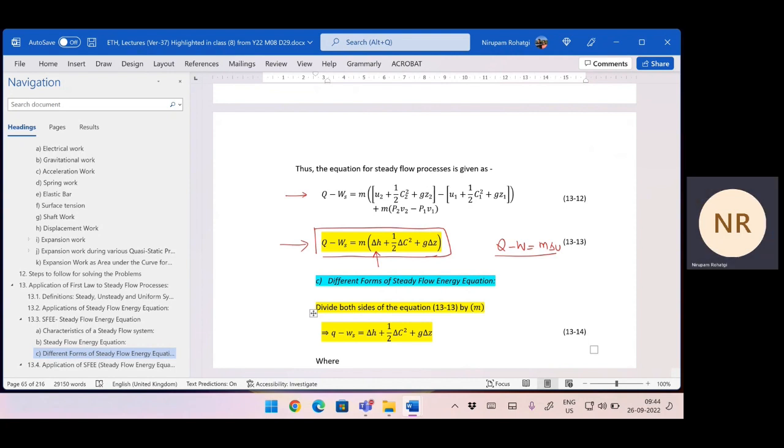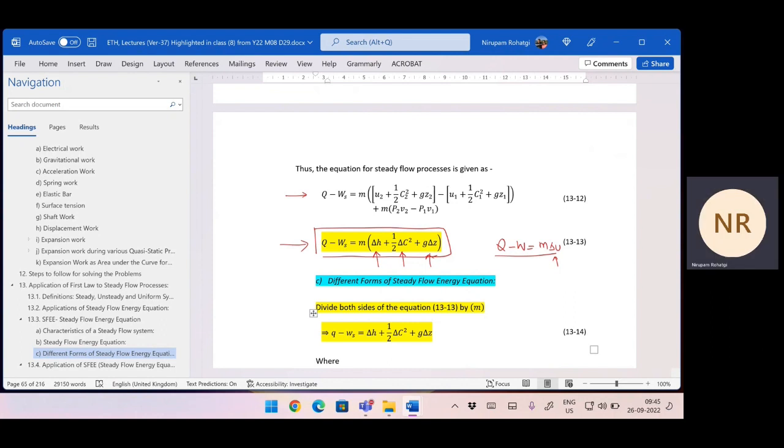But because some fluid is going in, kinetic energy is going in. Because it has a height, mass is going in, so the potential energy is going in. So change in potential energy, change in kinetic energy, and the flow work when added to this, you get this equation.